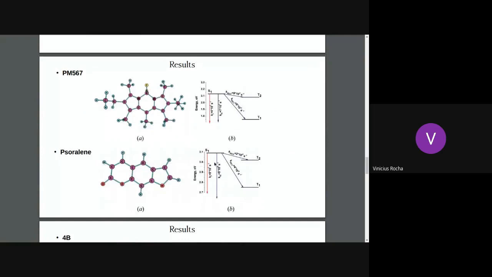So here we have the results for the PM567. We have the molecular structure optimized here, and the energy level diagram, including the computed values of the radiative and the non-radiative rate constants.